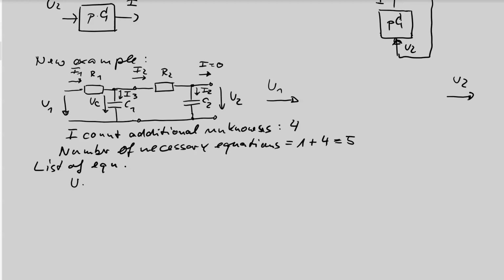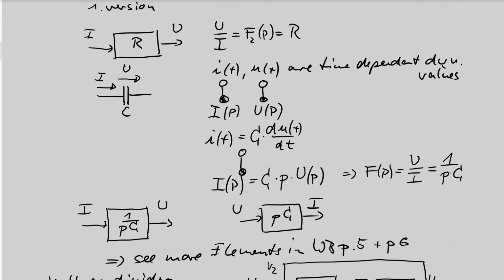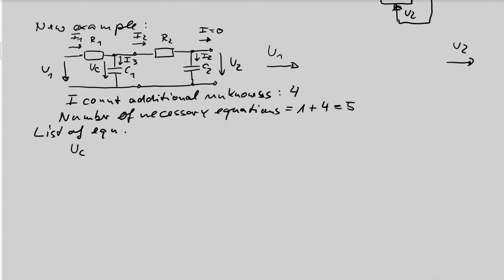You can say UC, the output of a capacitor, where is it? The output UC here, UC is 1 over pC times I. So expressed with voltage, UC is 1 over pC1 times the current through this capacitor, which is I3.